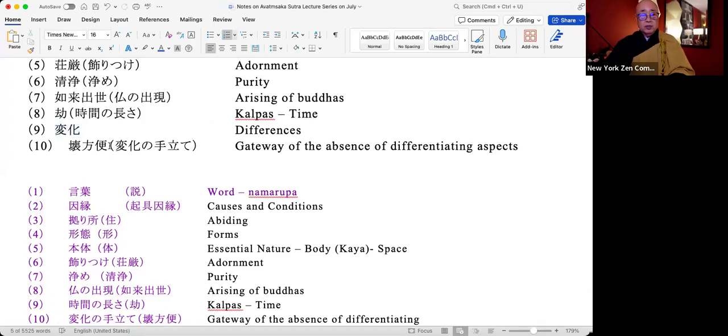And then next one, this is also a very interesting word. This translator must have thought and probably had a little bit of struggle how to express this into English. And so therefore he's expressing using this translation as gateway of the absence of differentiating aspect.